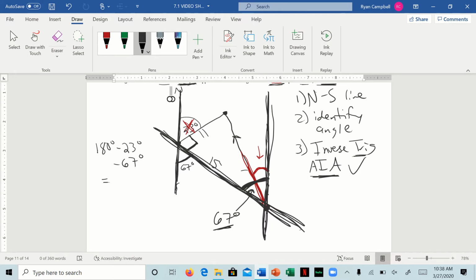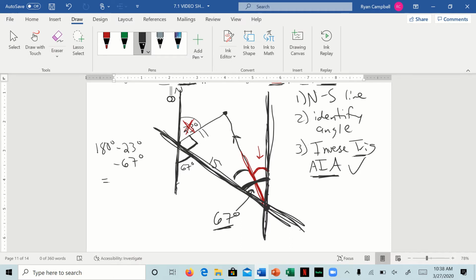Well, if we figured out what this little angle was, we could just subtract the two, right? This whole angle minus this little bit. And this is where the inverse trig comes into play. So actually in this case, we can see that we have a right triangle. So right now we have 15 and we have 11 and we have this angle. So what's a trig function we could use with this?